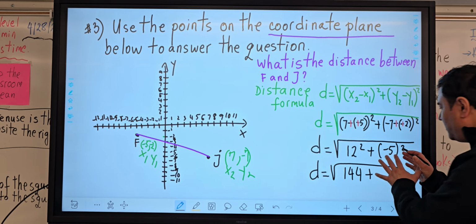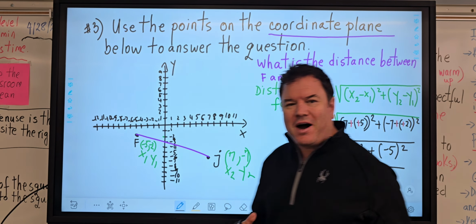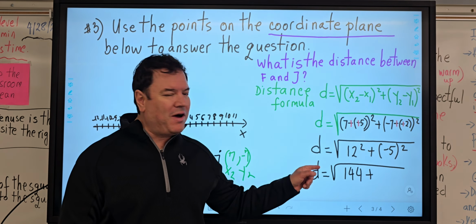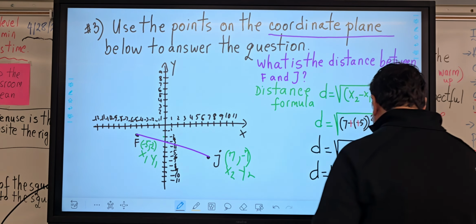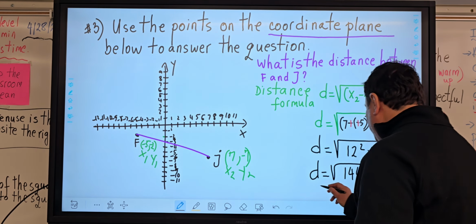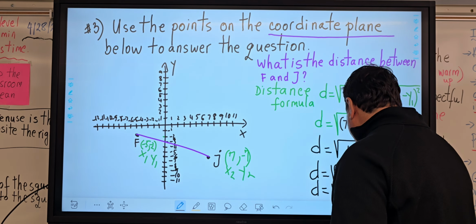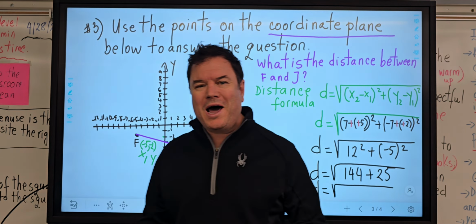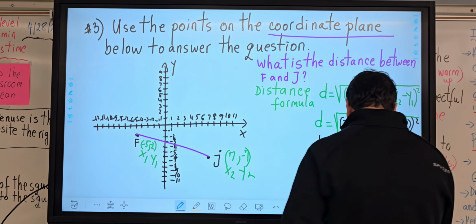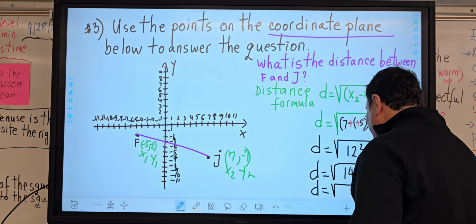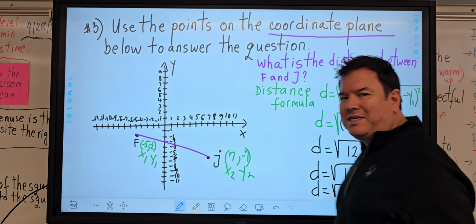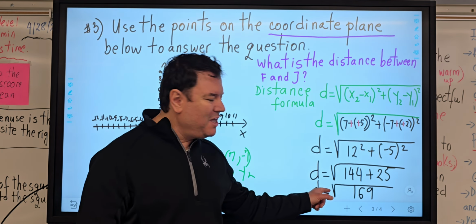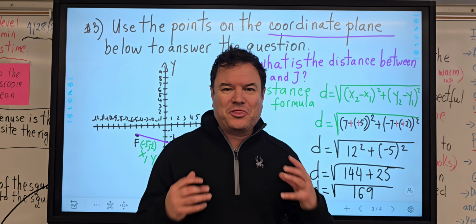Plus -5 squared is -5 times -5, and a negative times a negative becomes a positive, and 5 times 5 is 25, so plus 25. Let's continue to get our answer. D equals 144 plus 25, which is 169. Now the square root of 169: two numbers multiplied together that give us 169 are 13 and 13.